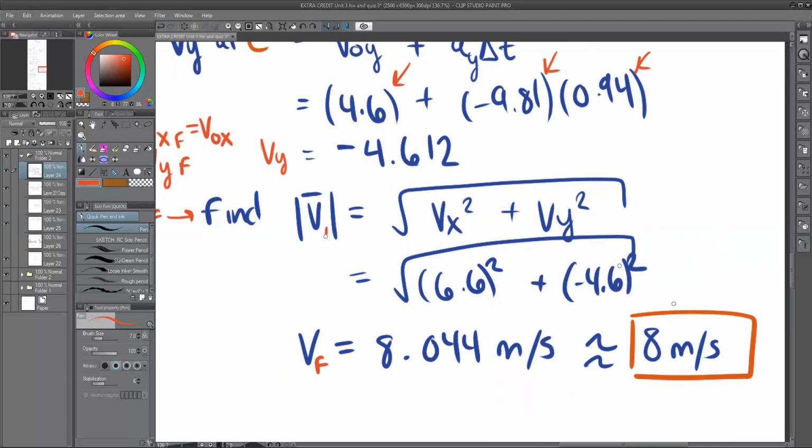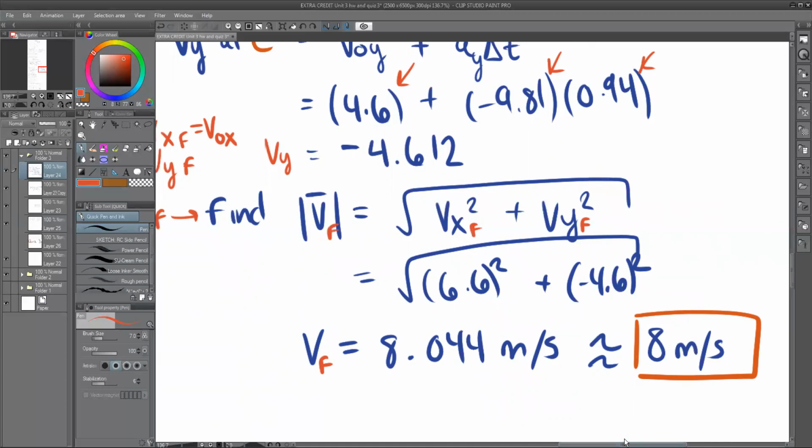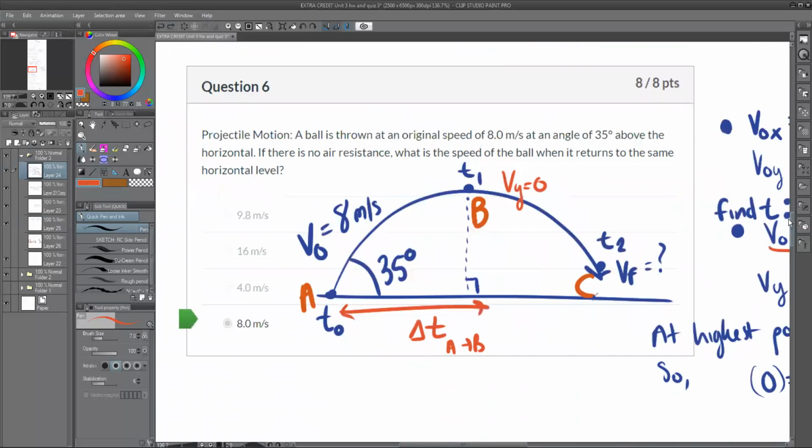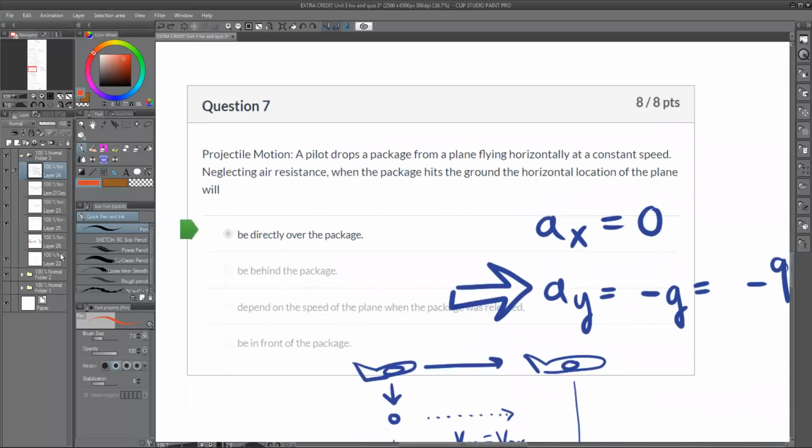So technically, if I just wanted to be more clear, I could rewrite it like that. So the V final is equal to 8.044, and you can round that to 8. So the option that you would select for that problem is 8.